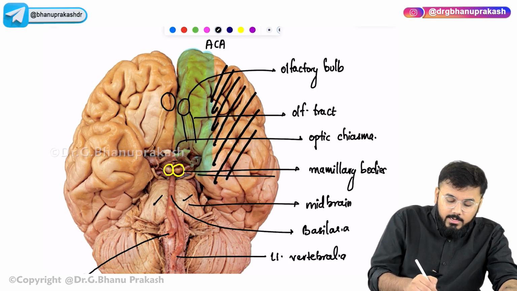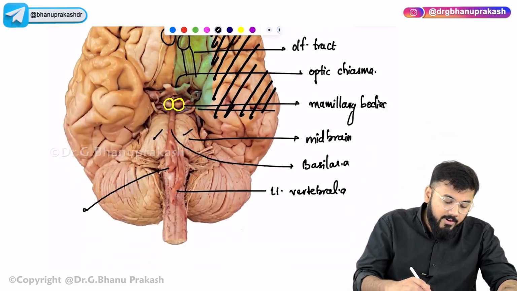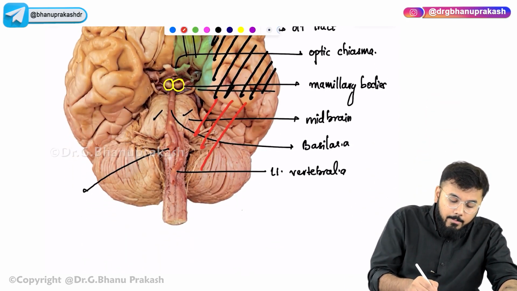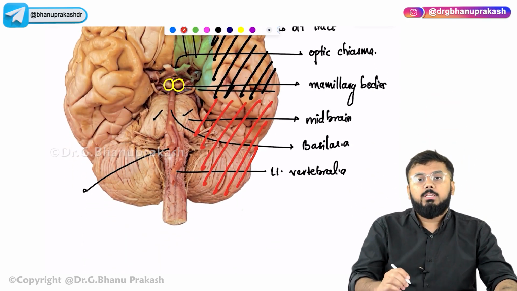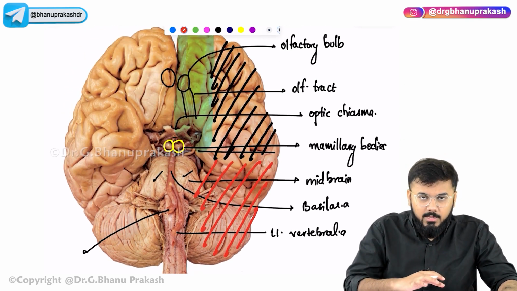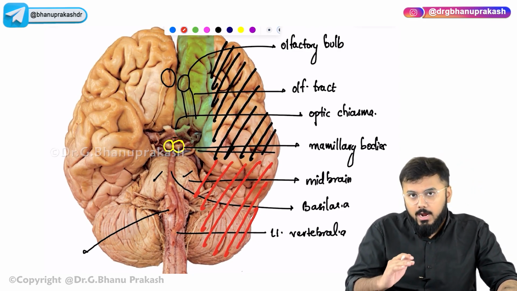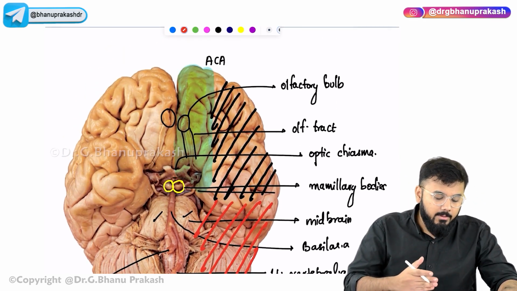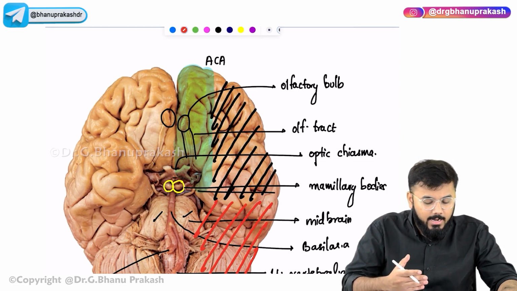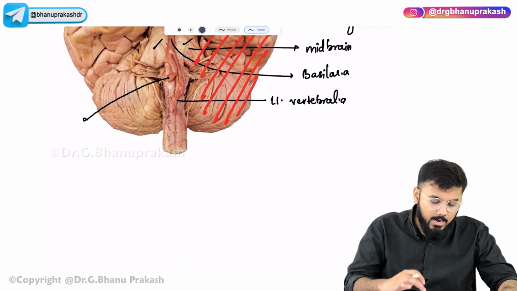This part is supplied by the middle cerebral artery. And finally, this part on the back is supplied by the posterior cerebral artery. I'm not being so specific here. I just want you to know which area is supplied by which artery. So anteriorly, medially, we have got the anterior cerebral artery. Lateral to that, we have got the middle cerebral artery, and down we have got the posterior cerebral artery.